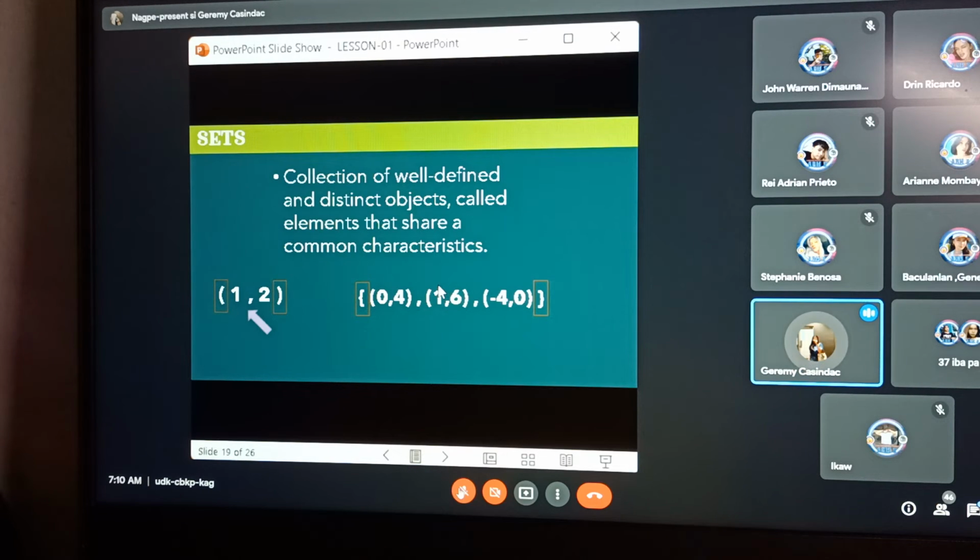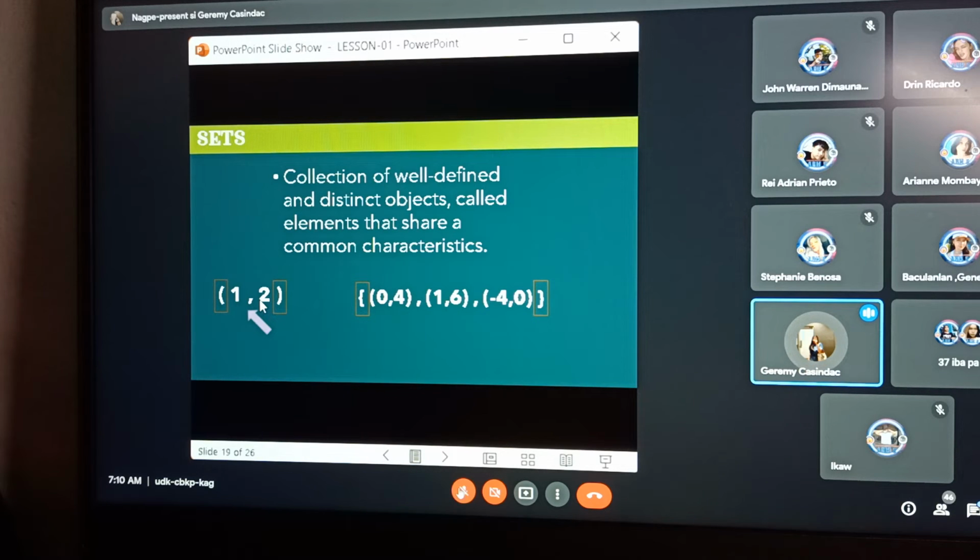So, pagbabasahin natin tong group of ordered pairs: this is the set of (0, 4), (1, 6), and (-4, 0). Since itong ordered pair is mag-isa lang siya, hindi natin siya matatawag na set kasi hindi siya kasama within a group.